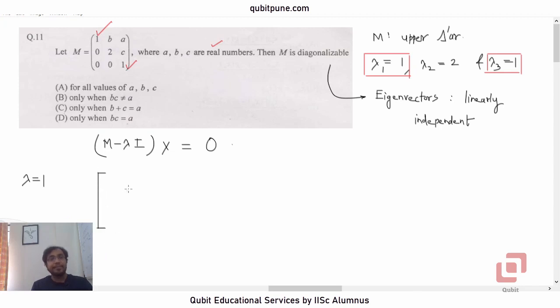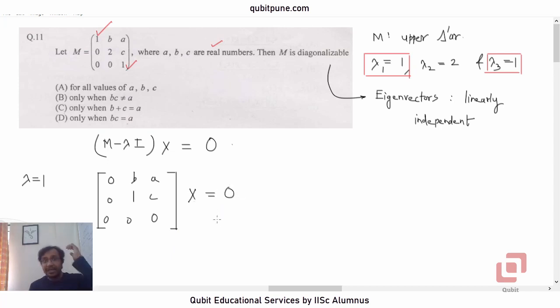We have to subtract 1 from all the diagonal elements, and everything else will remain undisturbed. So rows (0, B, A), (0, 1, C), (0, 0, 0), times the matrix X, which is our eigenvector, equal to the null matrix.